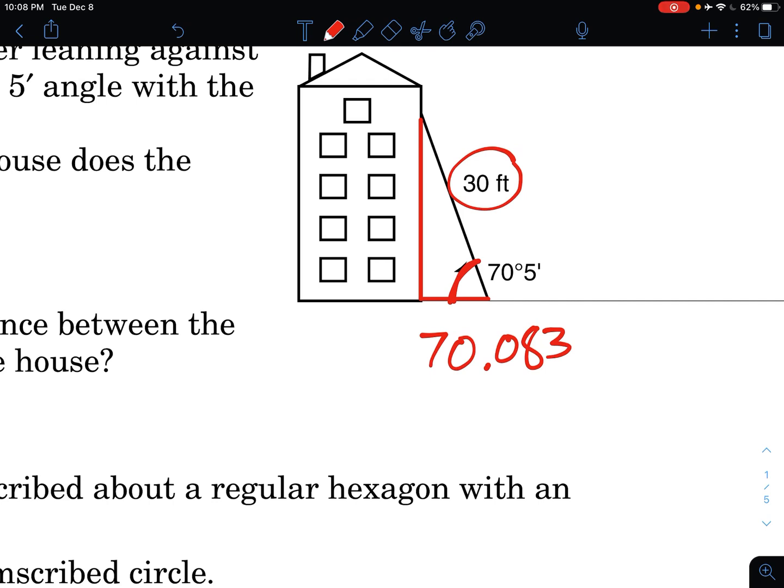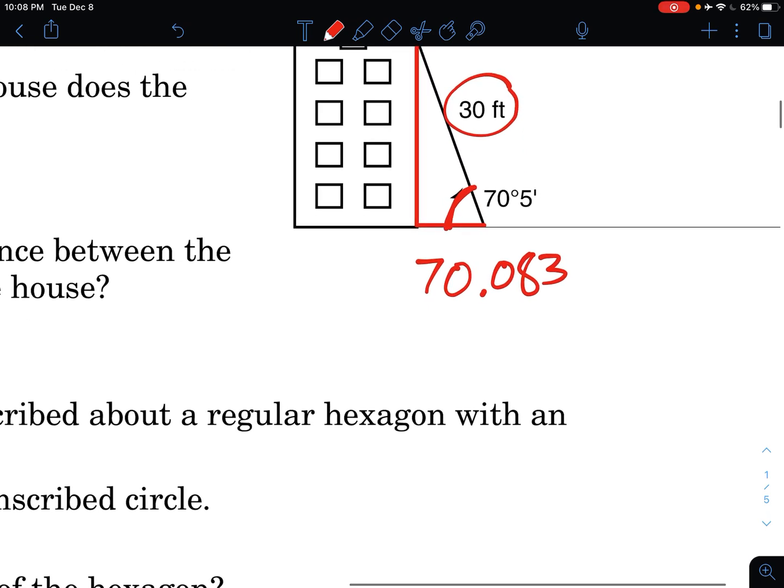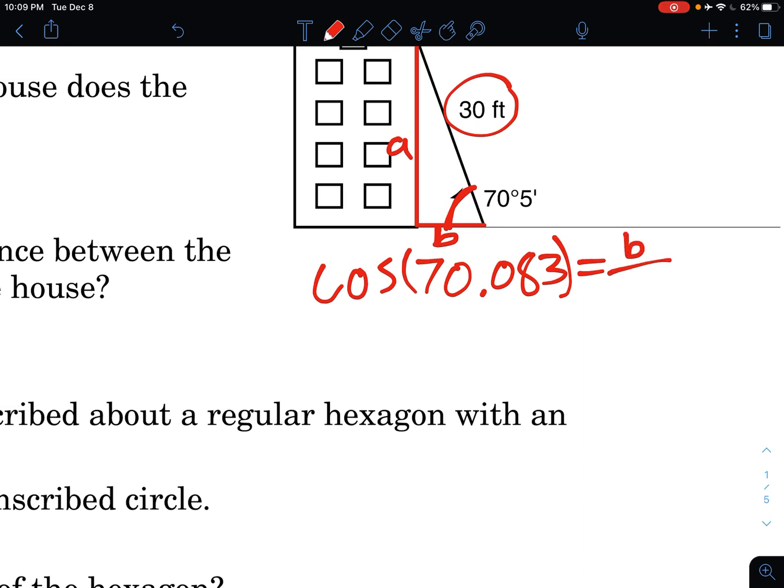Then we can use sine or cosine here, because we're trying to find the opposite and the adjacent using the hypotenuse. So cosine, we'll call this A, we'll call this one B. Cosine of 70.083 is going to give you the adjacent, which is B, over the hypotenuse, which is 30.